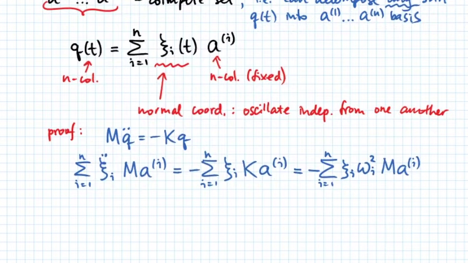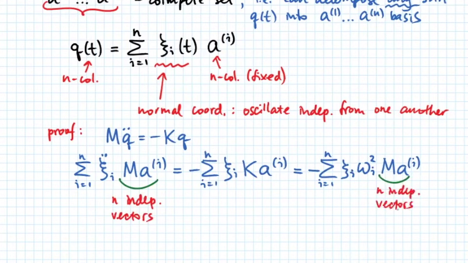Remember that columns A form independent vectors. When we multiply them by matrix M, they will still be n independent vectors. Recall that independent vectors cannot be written as a linear combination of each other.